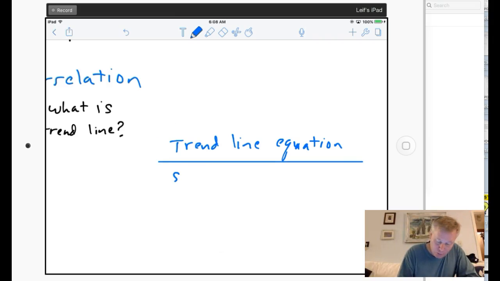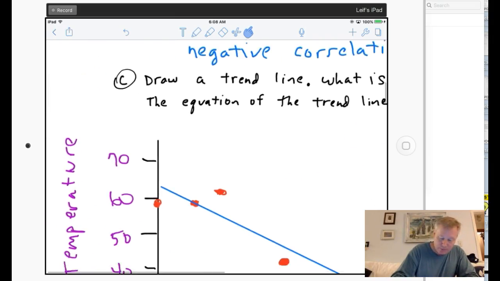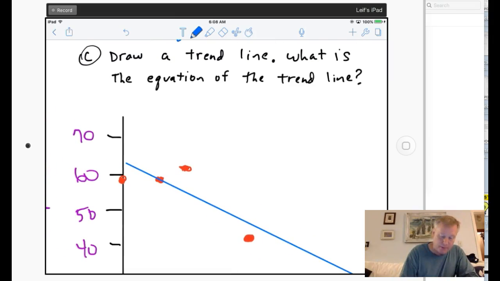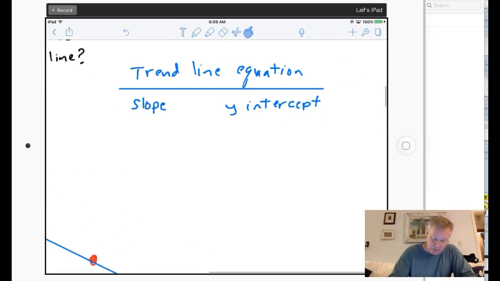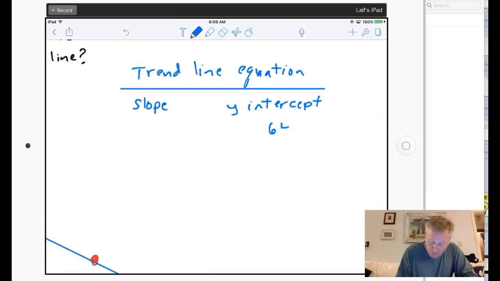I need the slope and I need the y-intercept. We're going to start with the y-intercept because that's actually pretty easy. So I'm looking at where that line would hit the y-axis, which would be like here. If I was to continue that a little bit, we can just approximate. That looks like it's about 65, 64. It's between 60 and 70 clearly, so you can approximate. I'm going to say 64.